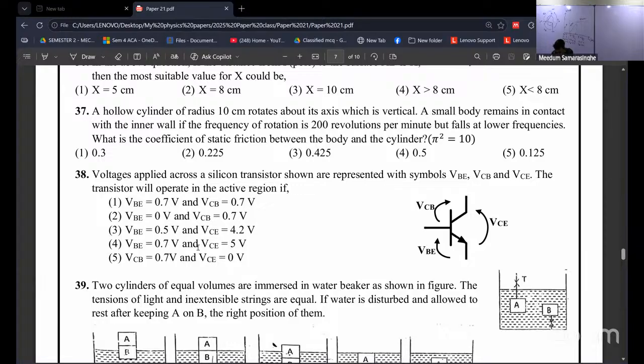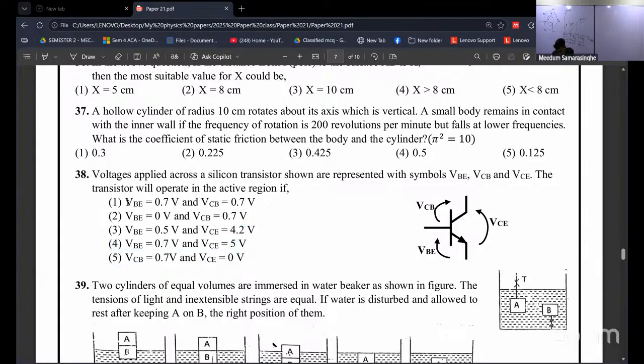Here VBE is 0.7 volt and VCE is 5 volt. When VCE is 5 volt, that means for sure this is much greater than zero, right? So it cannot be in the saturated region. Base emitter is in the forward bias, so it cannot be in the saturated region. So it should be in the active region, right?